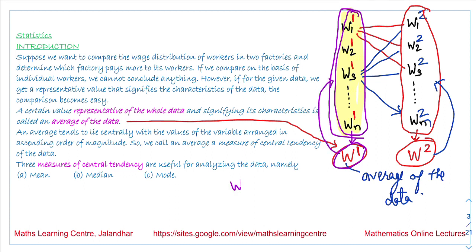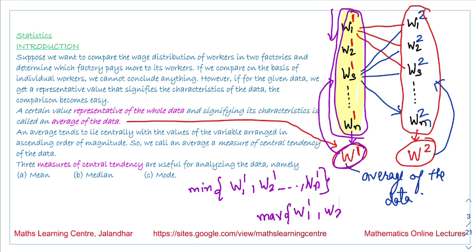That is, if we arrange all these values in ascending order, suppose we have the minimum value of W1, W2, and so on up to Wn, and the maximum value, then this value W dash will lie between the maximum and the minimum value, and we call this average a measure of central tendency of this data.